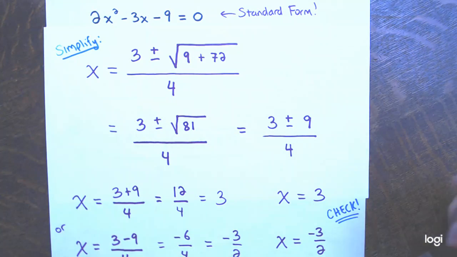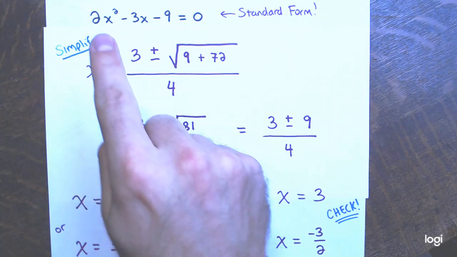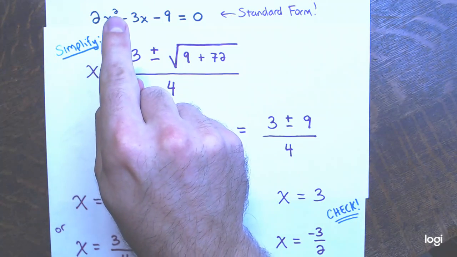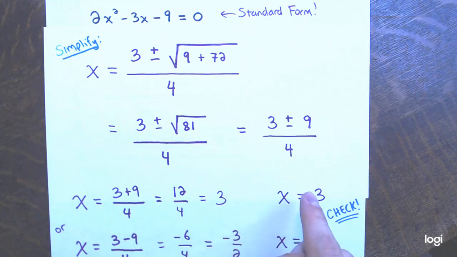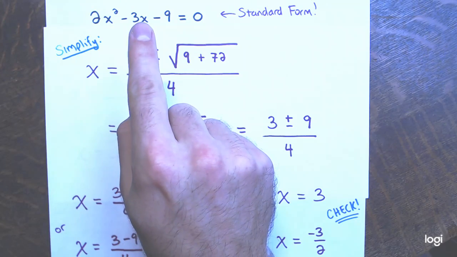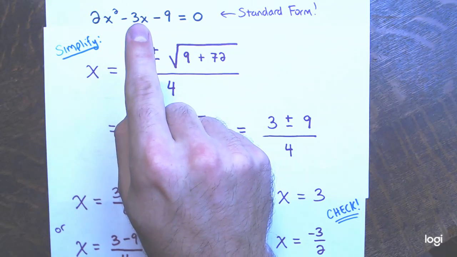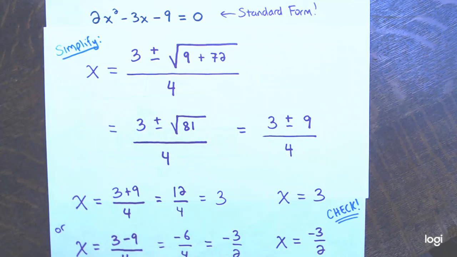And I can do one of these real quick, right? When x is 3, 3 squared is 9. 2 times 9 is 18. Then the 3 times 3 is 9 in the middle there. So you have 18 minus 9 is 9, and then minus 9 again is 0. So 3 works. And negative 3 halves should also work here.